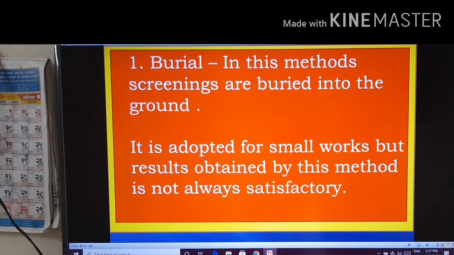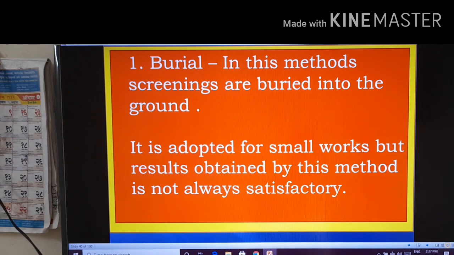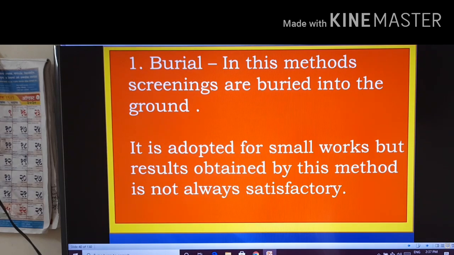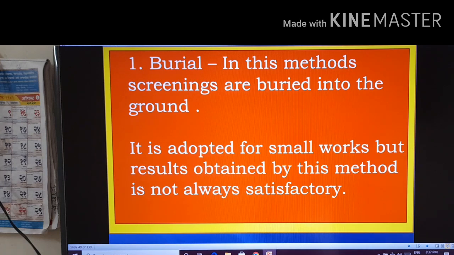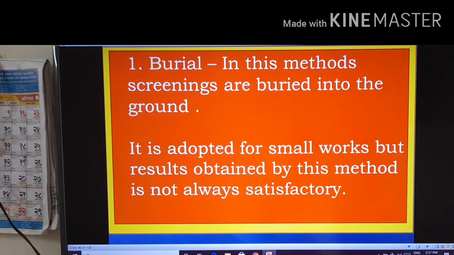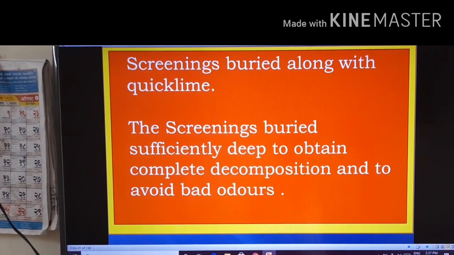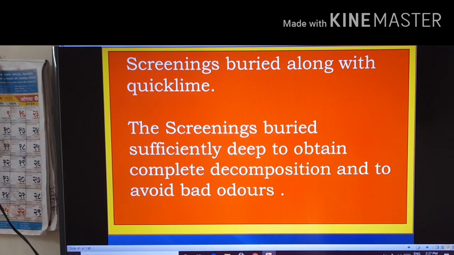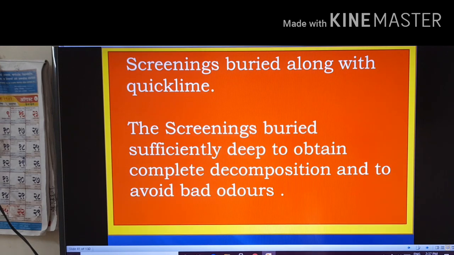In this first method, screenings are buried into the ground. It is adopted for small works, but the result obtained by this method is not always satisfactory. Please remember, screenings are buried along with quick lime.